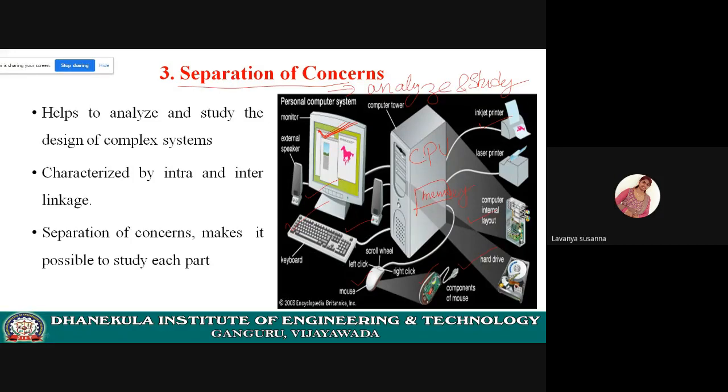The processor must process the data. How will it process the data? It must communicate with memory. From memory, the control unit will fetch the data. Without this communication, how will the data be displayed on the monitor?